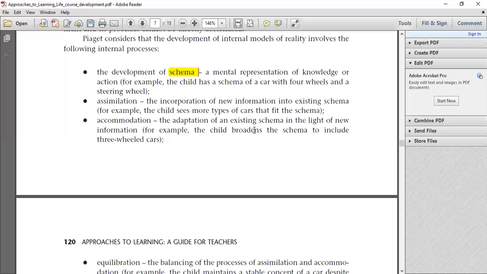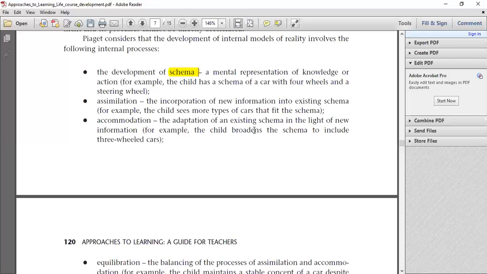Now, as you grow older, the schemas are already created, so we keep receiving more information, right? When we receive information, for example, about a table, I saw a table which was of a pentagon shape. That is still a table. So I am going to add this information to the already created schema of table, which has table could be rectangular, triangle, or square, right?